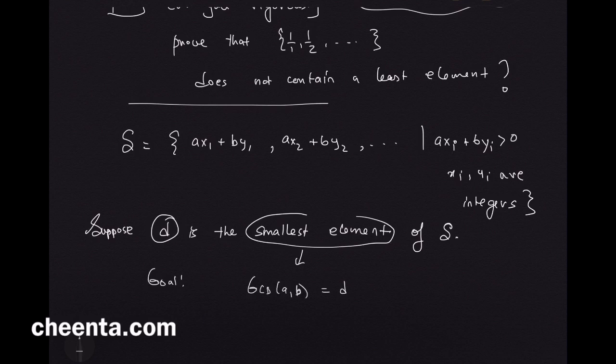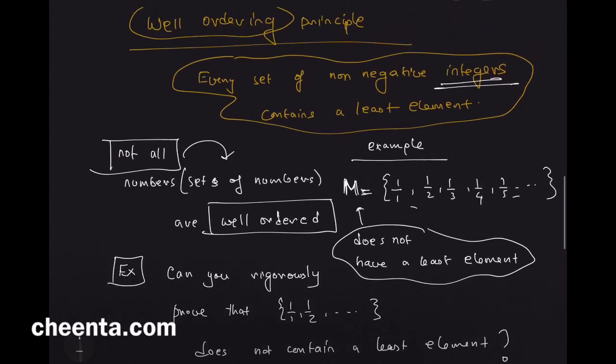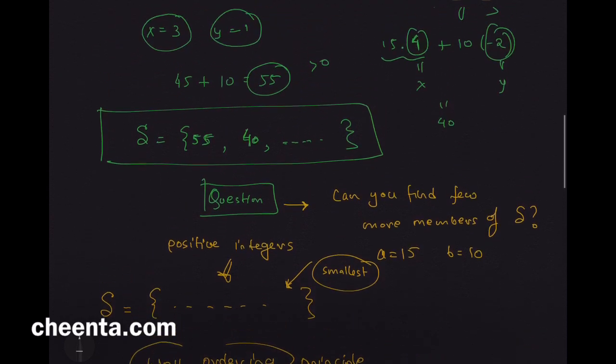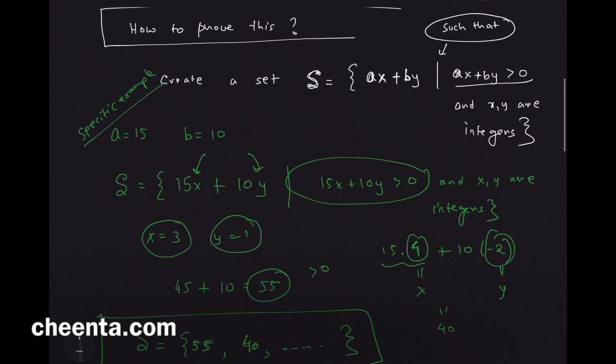This is not a coincidence. The smallest element of this set S is d, that GCD. So this is our claim, and in the next part of this lecture we will be proving this, and we will see an application of this in number theory. It might not be available on YouTube, it might be available exclusively in the portal.